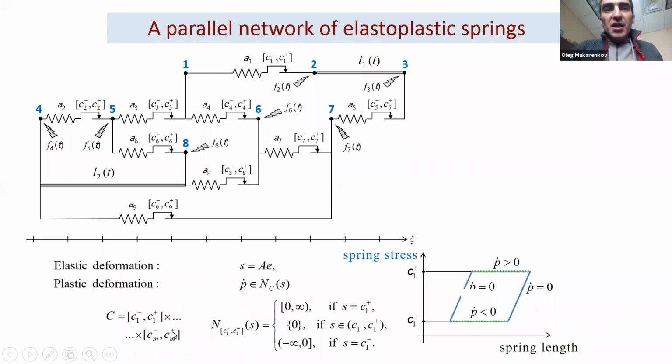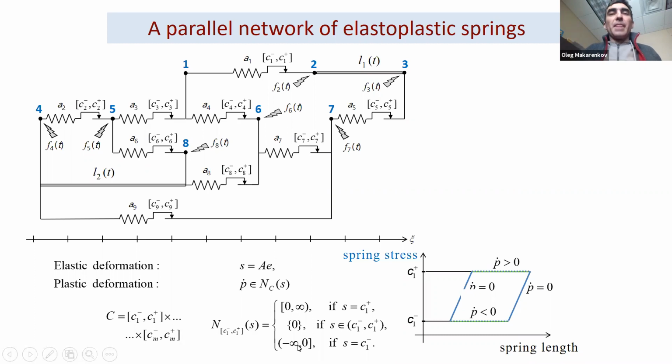Then this allows us to model the velocity of the plastic ingredient of the length of the spring using this discontinuous function. This discontinuous function takes all positive values when we are at the right limit of the allowed stresses, and it takes all negative values for the velocity, because here you see P prime is in this set.